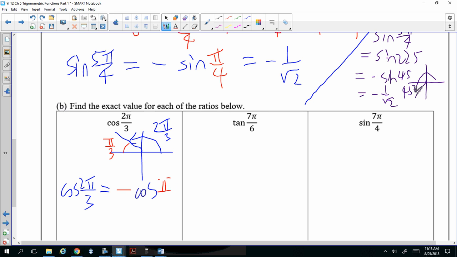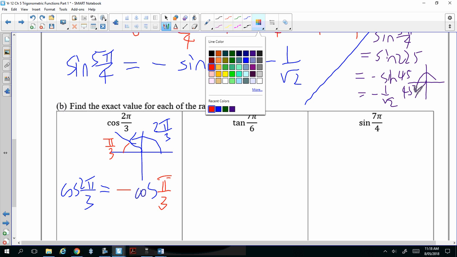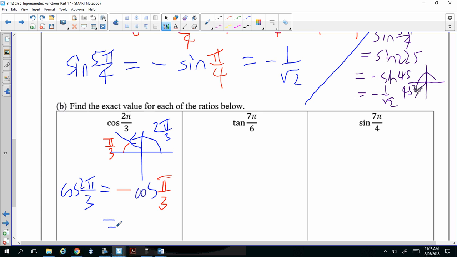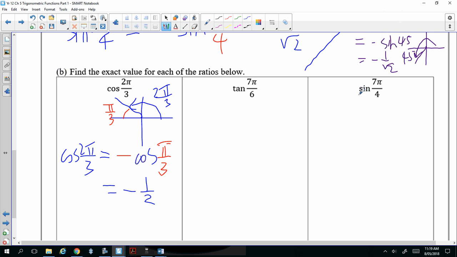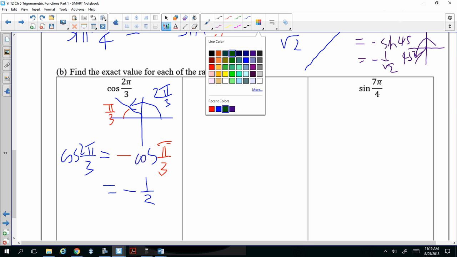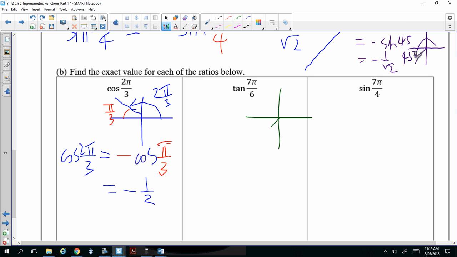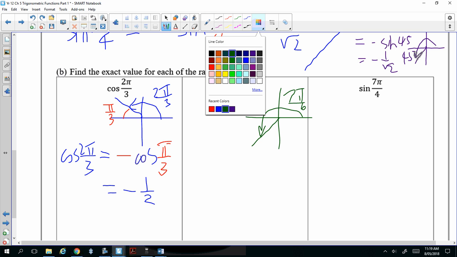So we'll do the next one. The next one is in the third quadrant, 7 pi over 6, with the related angle pi over 6. So we go tan 7 pi on 6, which is positive tan of the related angle, because in the third quadrant tan is positive.